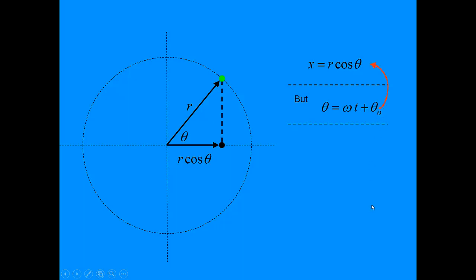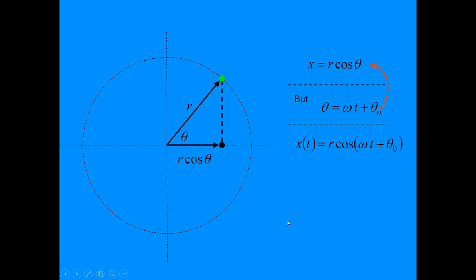So if we plug that in, we now get the position of the black dot as a function of time is given by r cosine of omega t plus theta naught. Okay, so it looks like here the position of this thing is going to be a cosine function. Huh.